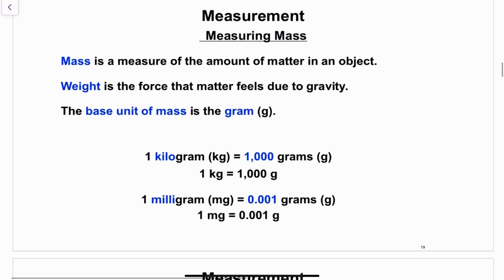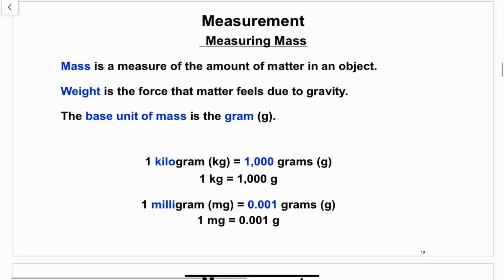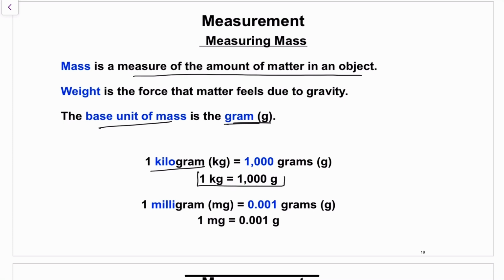Now let's talk about the mass. Mass is a measure of the amount of matter in an object, how much of that particular matter it has, right? And the base unit of mass is a gram. If I say 1 kilogram, same thing, k is 1,000, so 1 kilogram is 1,000 gram, g is the base unit. 1 milligram, so instead of writing m, we are writing that number, right?